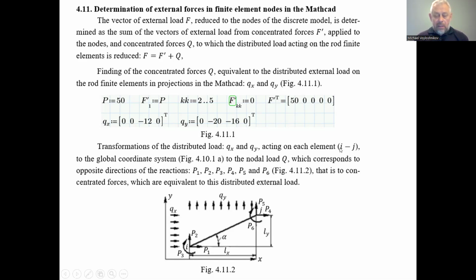We can indicate the number of the beginning and the number of the end of the finite element in the global coordinate system. Global is a coordinate system of axes x and y, in which we have the assignment of the frame. And this is a more general approach. The finite element is indicated on figure 4.10.1a, only 4.10.1.